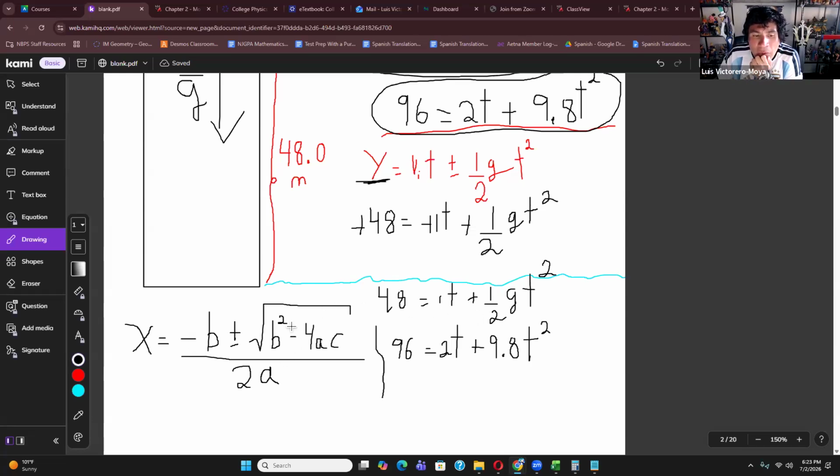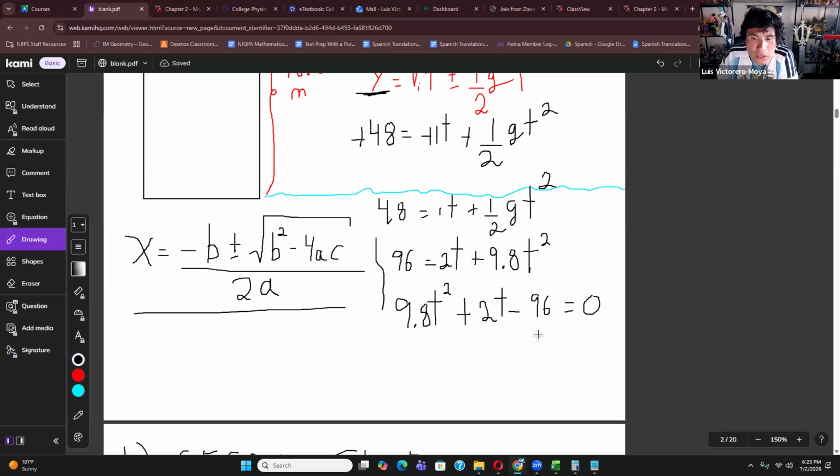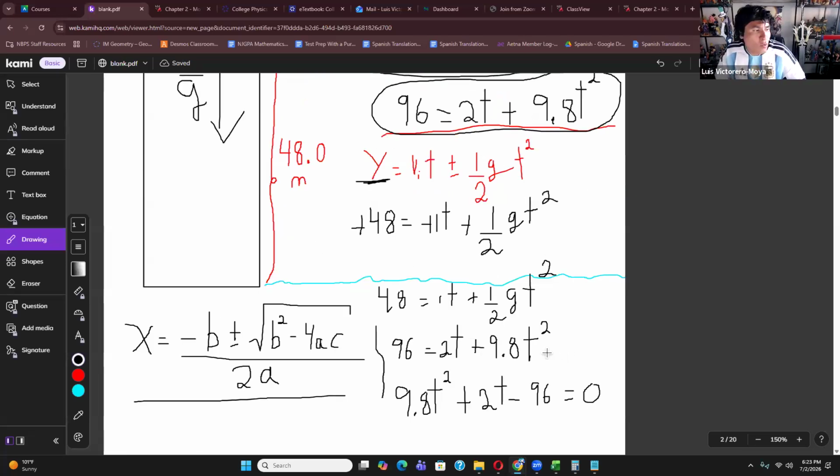And on the left, I wrote the quadratic formula. You need that because look what you get. You get 9.8 t squared, the quadratic factor, the linear factor, minus 96 equals 0. All right, so you have to solve for time using this. Is that clear? Any questions?